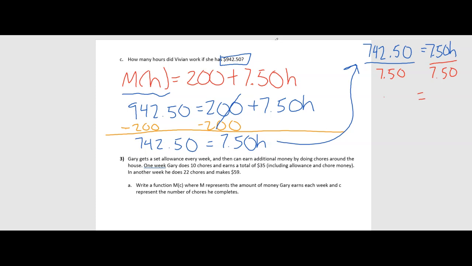And that's going to give us 99 is equal to h. And we should make sure we have units here. That 99 represents hours.